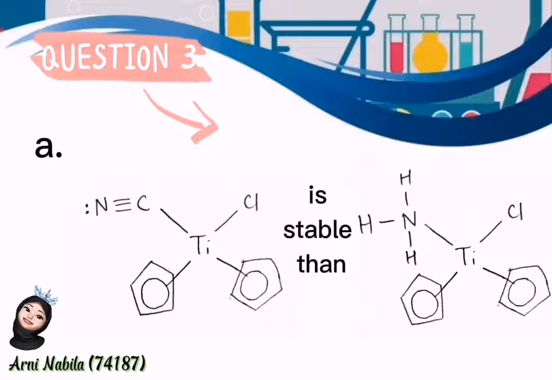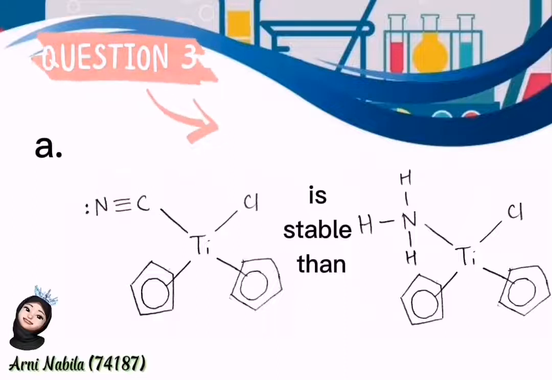The oxidation number of titanium in both structures is 4+, and both of the complexes also have 16 electrons, and the geometry is square planar.